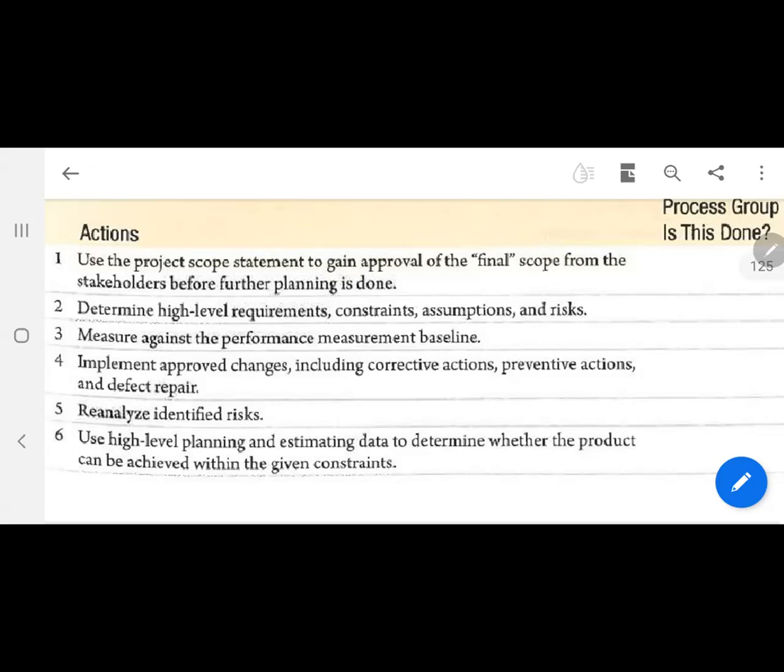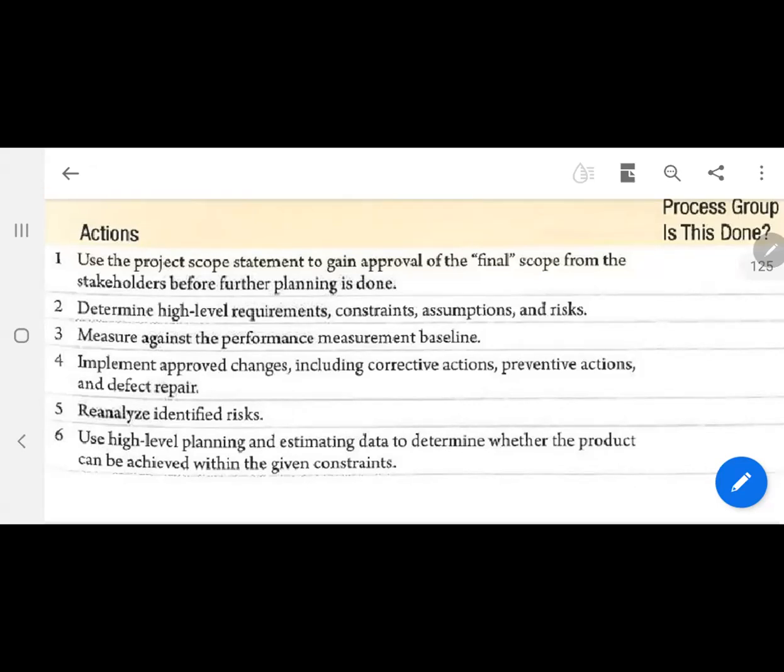Tracking performance. Implement approved changes, including corrective actions, preventive actions, and defect repair. Where do we implement approved changes? Executing. I just said it. There are two things you are doing at executing.